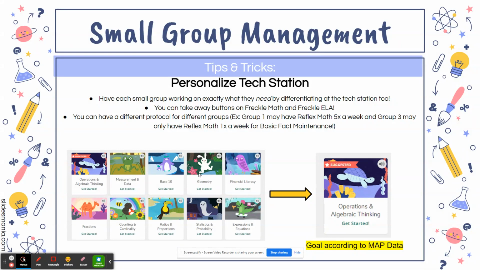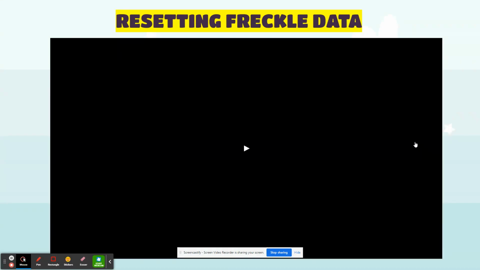For example, group 1 may have Reflex Math 5 times a week, and group 3, your above level group, may only have Reflex Math 1 time a week for basic fact maintenance because they're already 100%, and they then might be working on their goal math domain according to their map data on Freckle. And you would just have their goal domain available just to that student. You would take away the other domains, the other buttons for them.